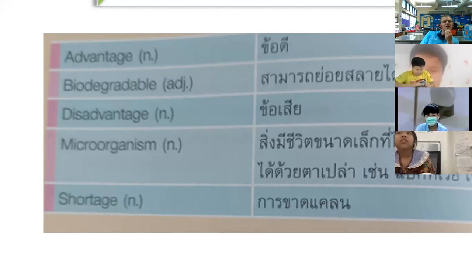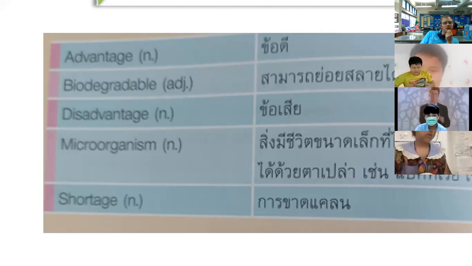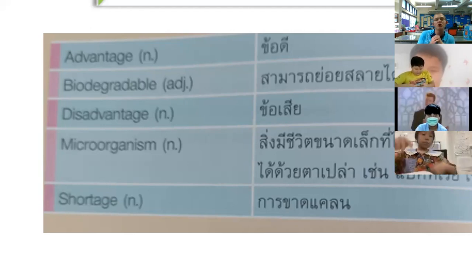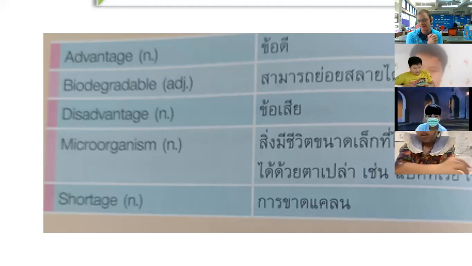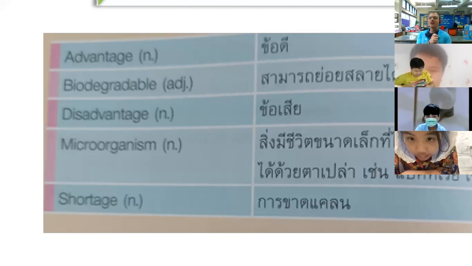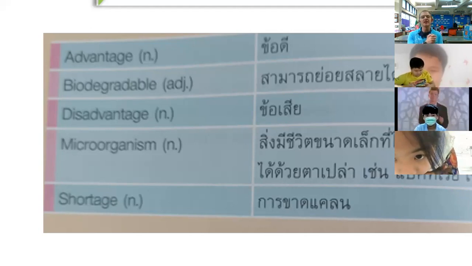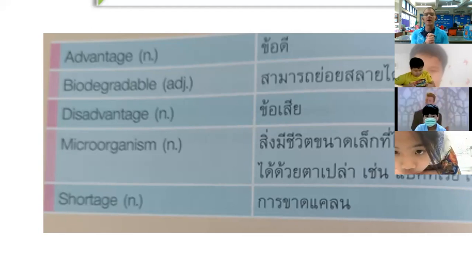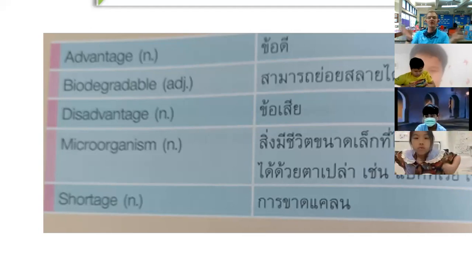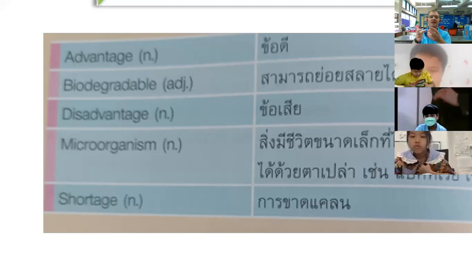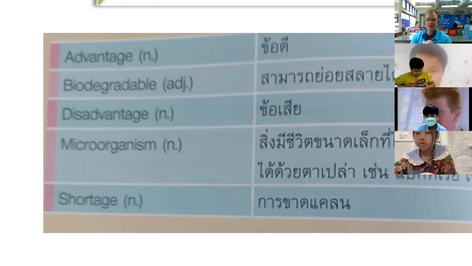That is a very big scientific word, and it is a word that we have used in the first semester. Biodegradable means something that in our biology, in our environment, can dissolve into nothing.